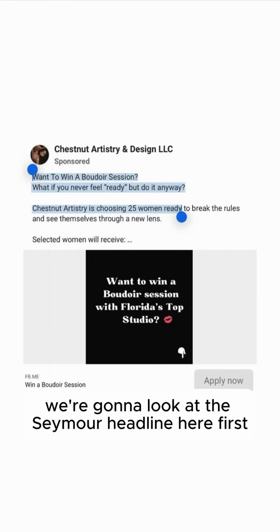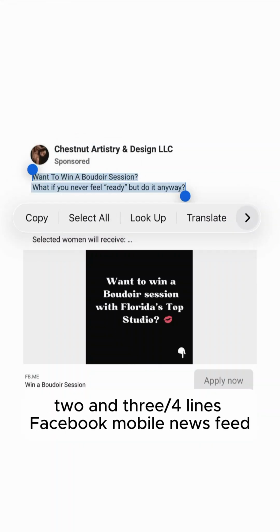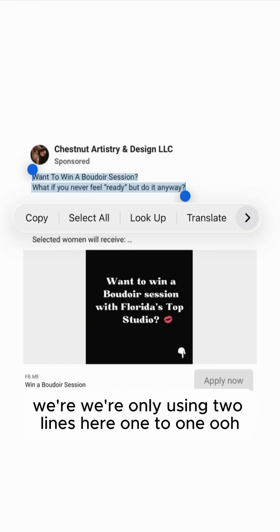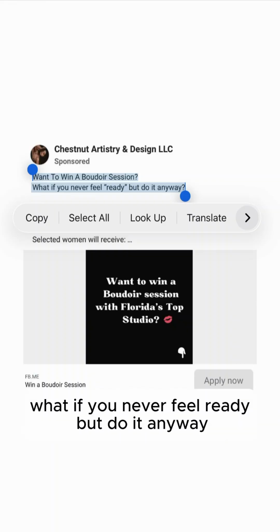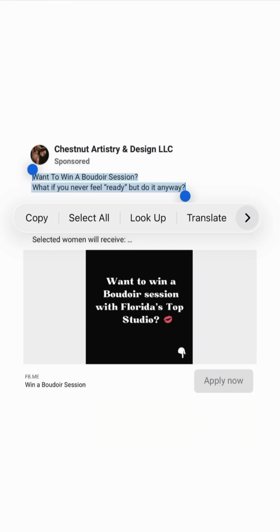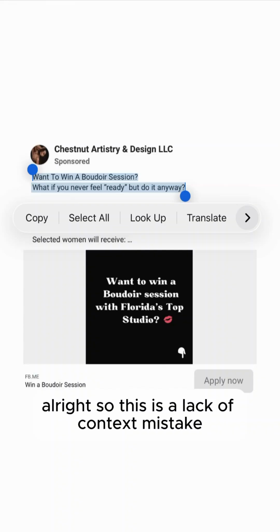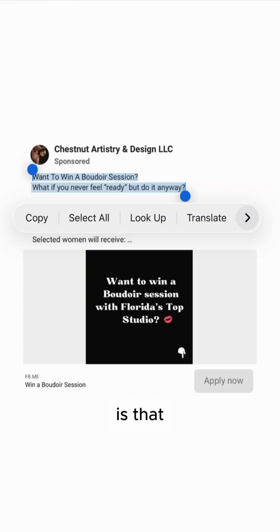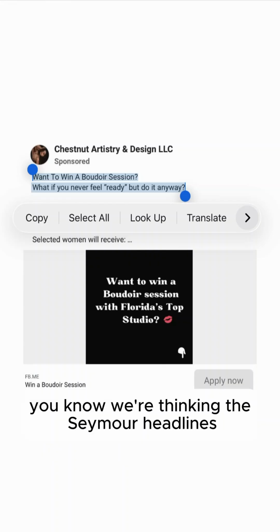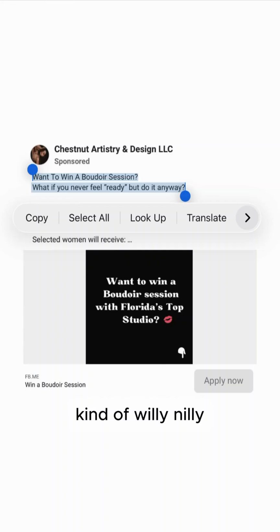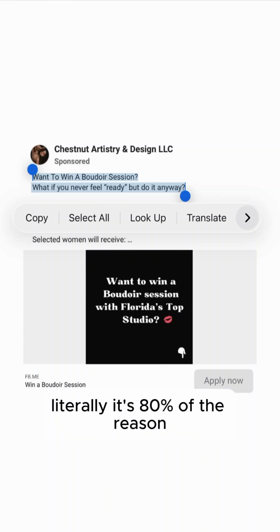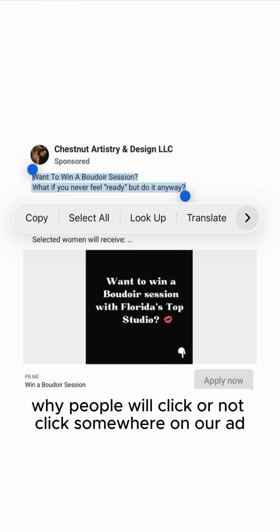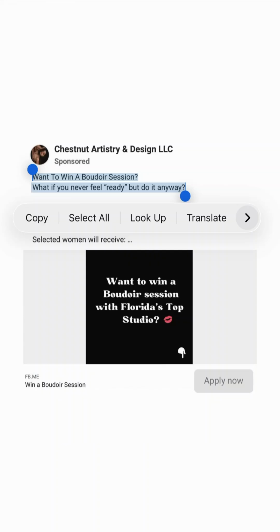Finally, we're going to look at the See More headline here. First two and three-quarter lines, Facebook mobile newsfeed. We're only using two lines here: "120 Boudoir session. What if you never feel ready, but do it anyway?" All right, so this is the lack of context mistake. The false belief that caused us to make this mistake is that we're thinking the See More headline is kind of willy-nilly, when in fact, literally it's 80% of the reason why people will click or not click somewhere on our ad. So this is actually the most important part.